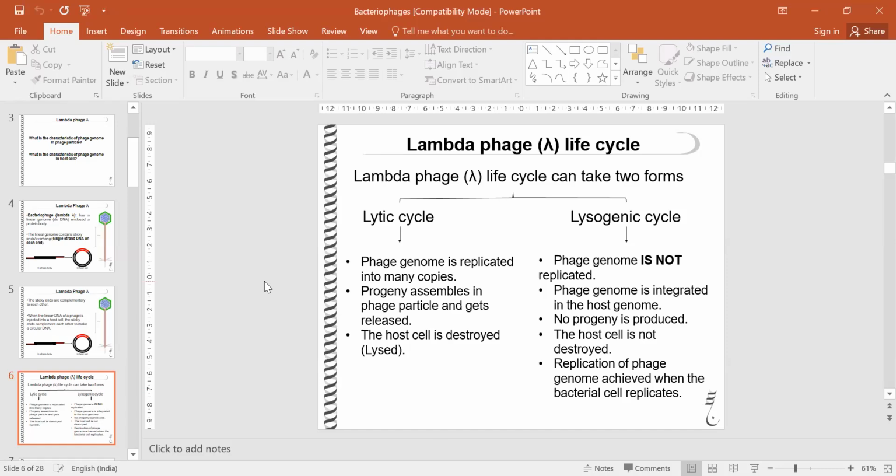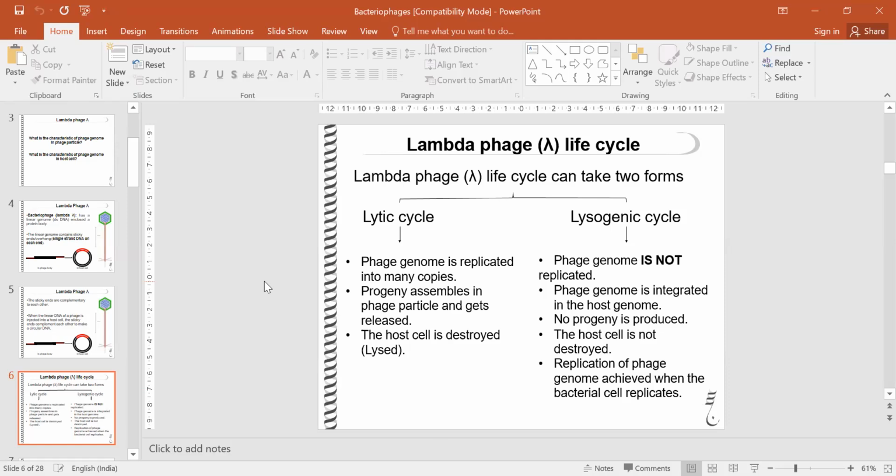The second form or life cycle of the phage is where they have the genome, but it is not replicated. The phage genome is not replicated, and the phage genome is integrated into the host genome. Normally the phage transfers the DNA into the host, and they are not going to replicate, they are not going to do anything.